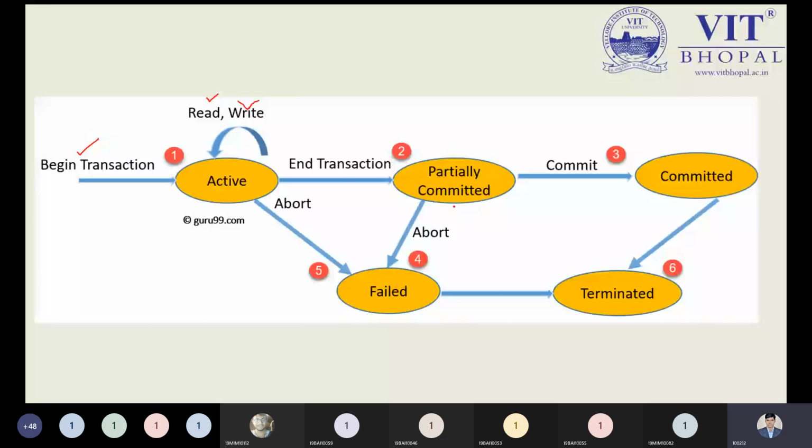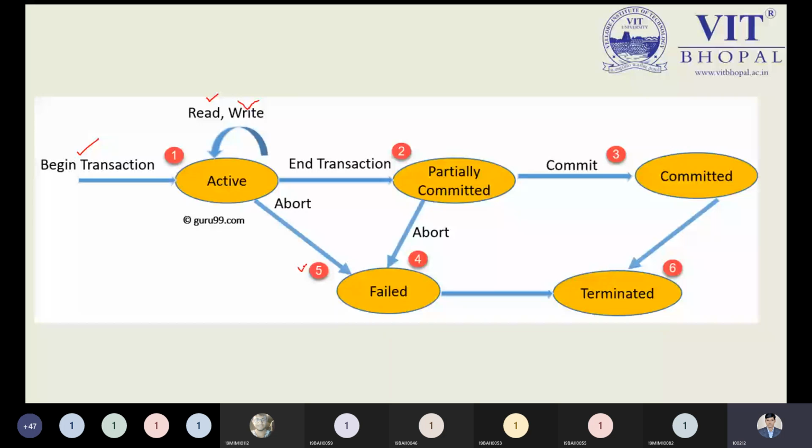Here if you want to abort your transaction, that is, you want to roll back something, you can abort it. So at that time your transaction will be considered a failed transaction. Or after the active state, before the end of the transaction, your transaction may fail, so you will move from the active state to failed. So that is known as the fifth point.